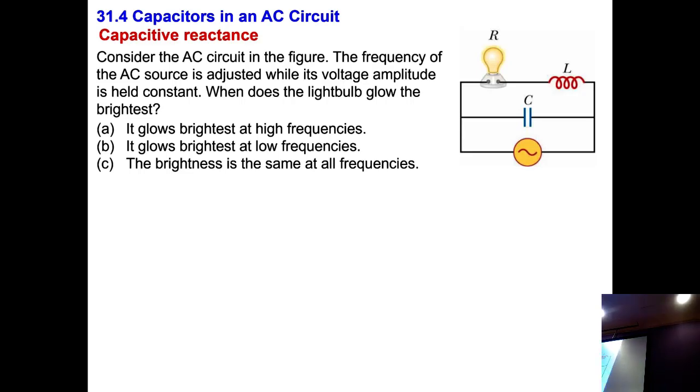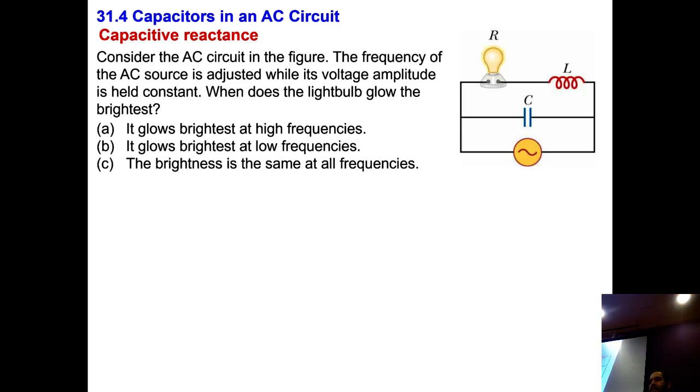Think about reactance or impedance. What's happening to impedance and how does it affect the current? Ready?